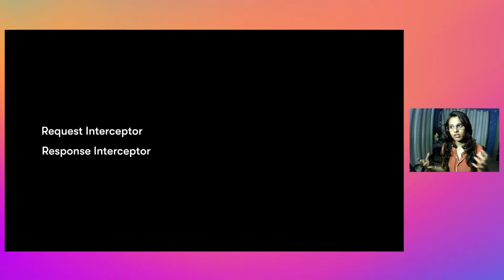They put potential flags that tell you what is happening. There are two types of interceptors: request interceptors and response interceptors. Let's forget Alexa for a moment and think of a scenario.